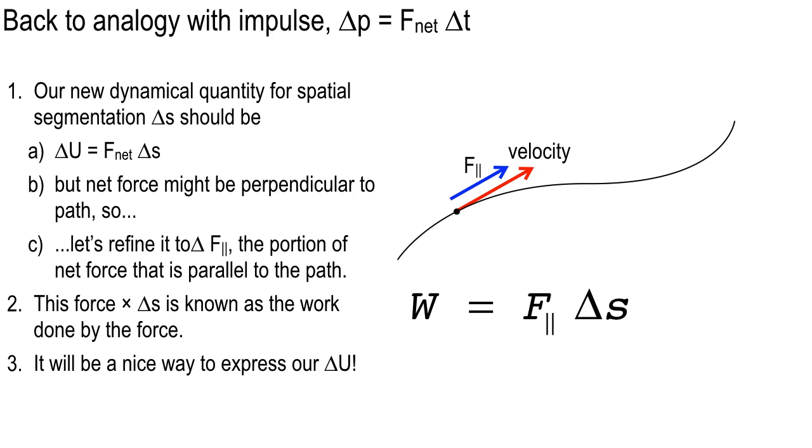Okay, so this is the nice way of expressing our delta U. F parallel times delta S is going to be delta U, the change of my dynamical quantity called energy.